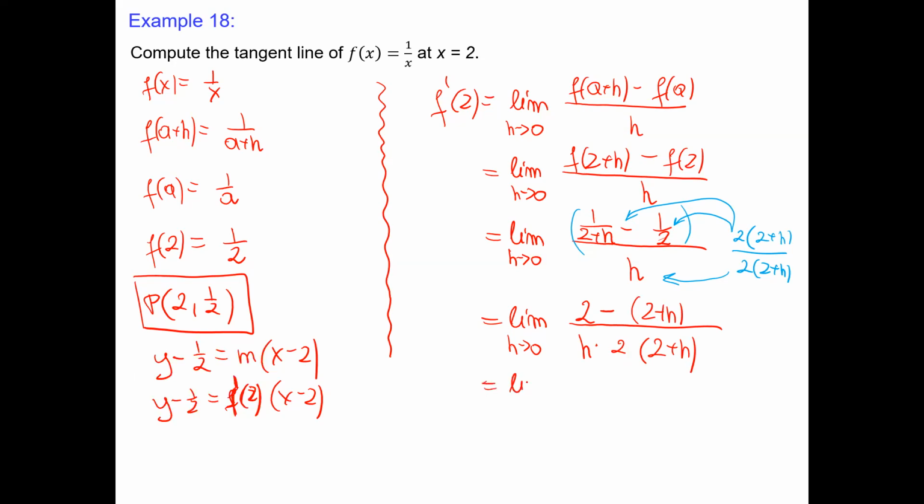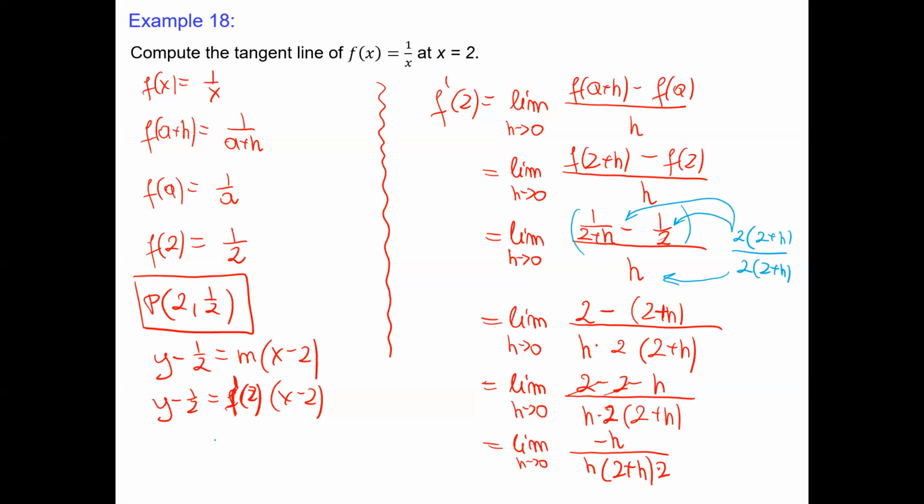Okay, let's distribute the negative, important. 2 minus 2 minus h. Please remember, the negative in front of the parentheses will affect both of the quantities, 2 and negative h. I really need the room. We will have negative h over h times (2 plus h). I can put it at the back.